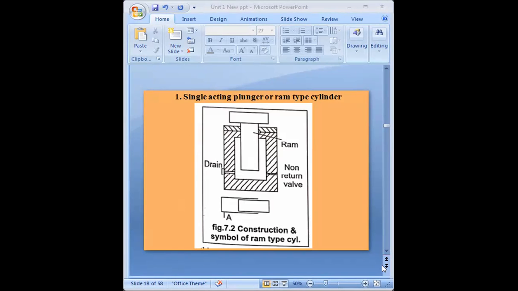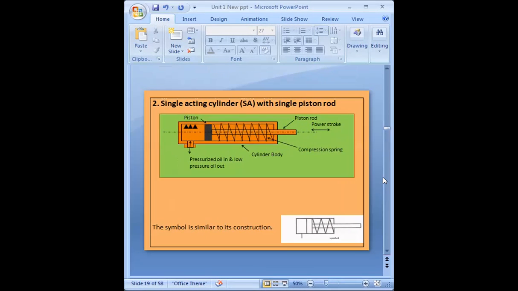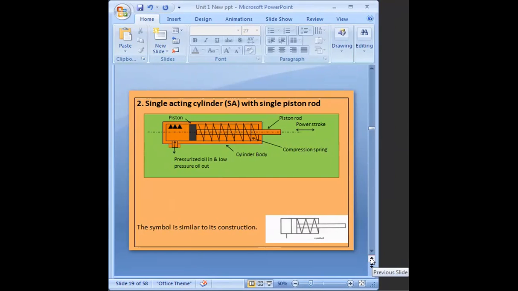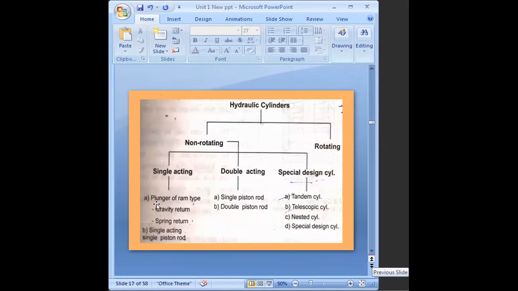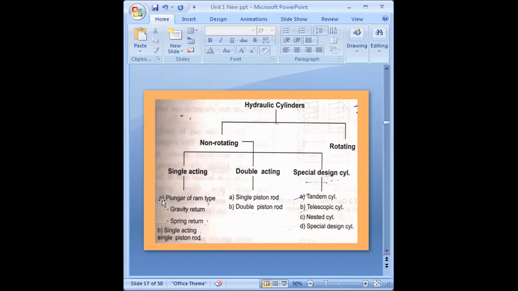Now let us go to the next type. The next type of hydraulic cylinder is the single acting cylinder with single piston rod. First we have seen this single acting plunger or ram type cylinder.